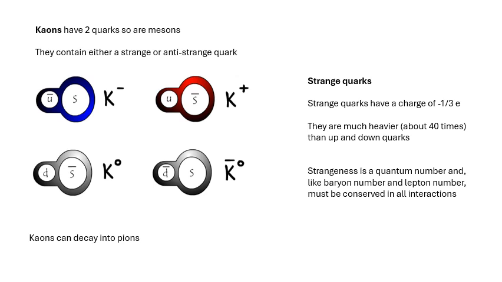It's a quantum number, and it has to be conserved. In any interaction, the total strangeness has to stay the same, like the baryon number and the lepton number must be conserved in all interactions. So another type of meson is the kaon, and they contain a strange quark.